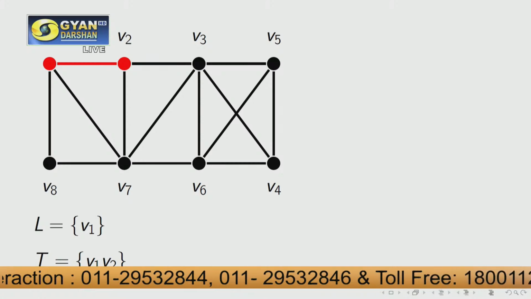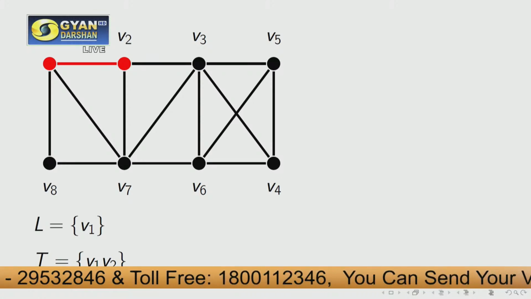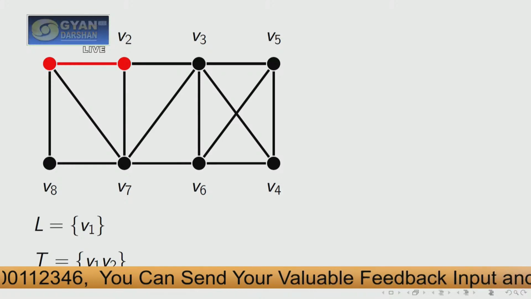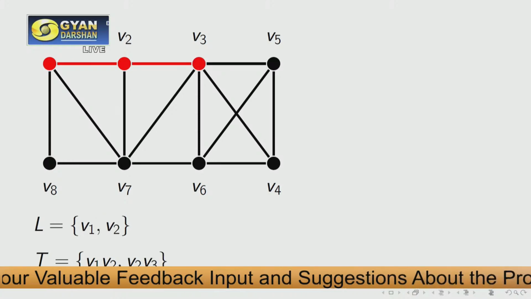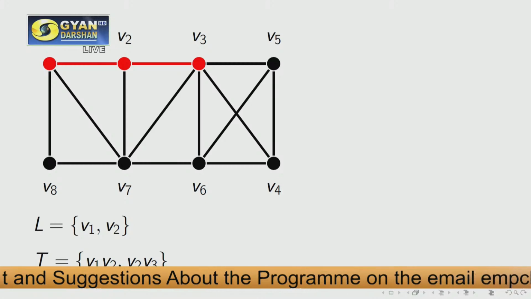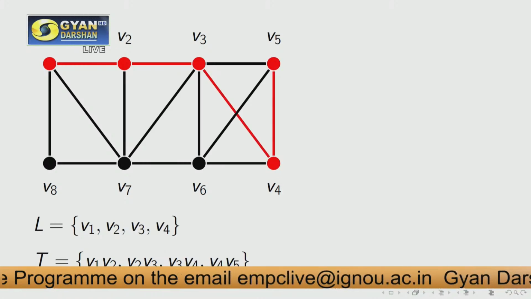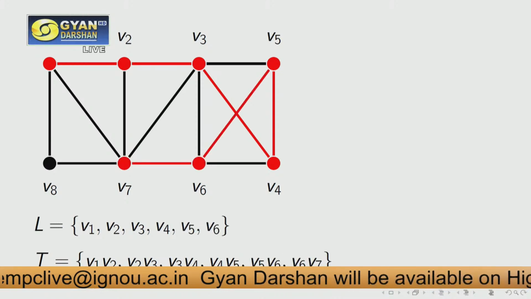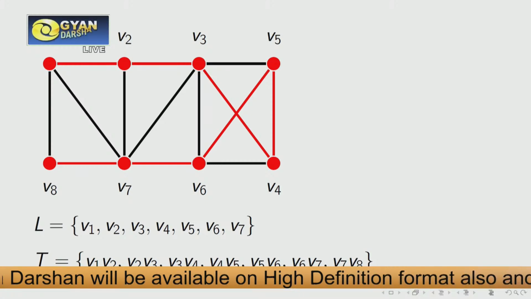We can see that when we are moving from one vertex to another, the spanning tree is also updating. So V1V2 is included in T, and then V2 to V3. Again this edge is added to T, and then V3 to V4, V4 to V5, and then V6, V7, V8. Now we cannot move further from V8, so we need to backtrack.